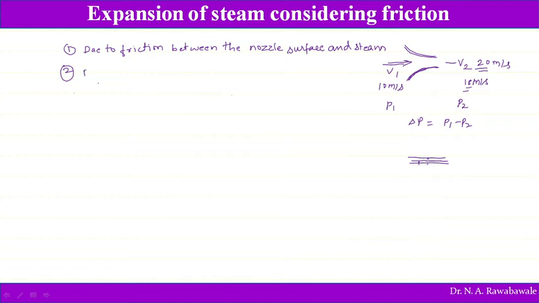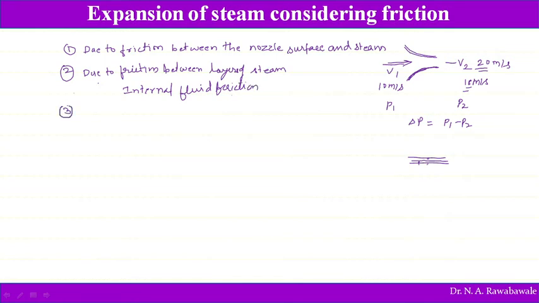So due to friction between layers of steam, this is called internal fluid friction.